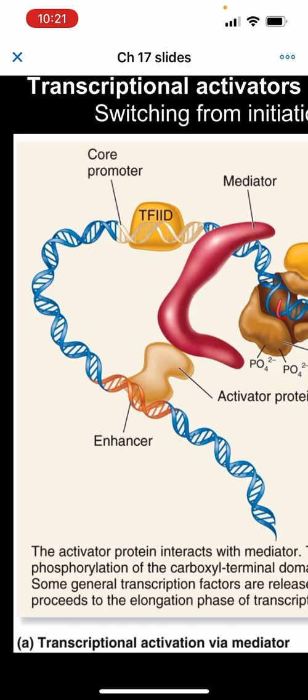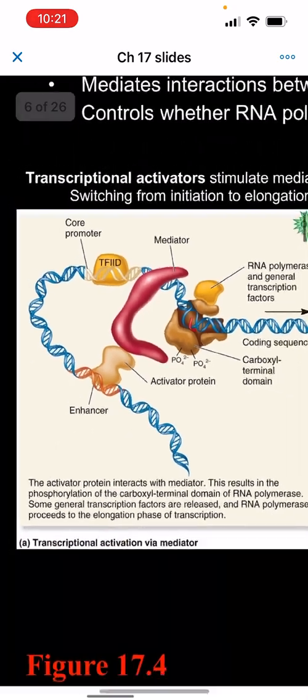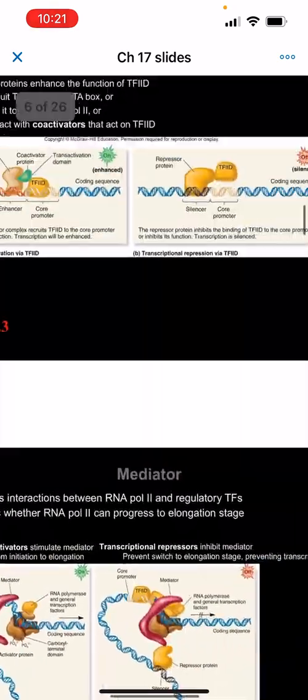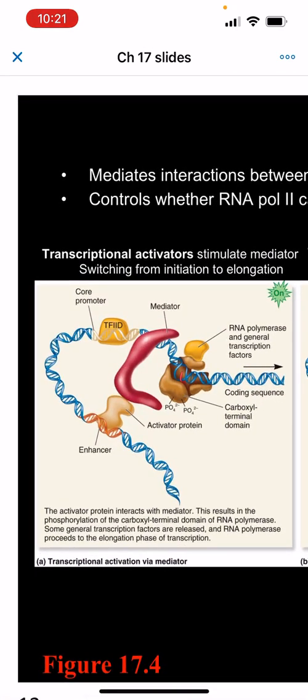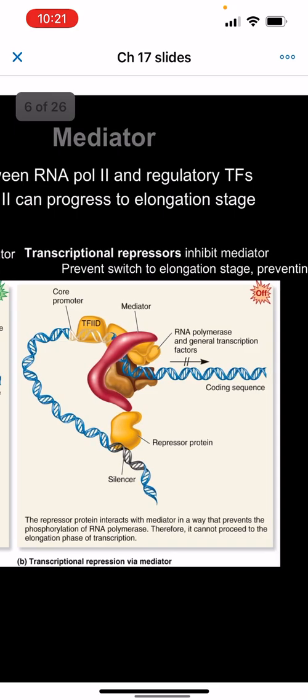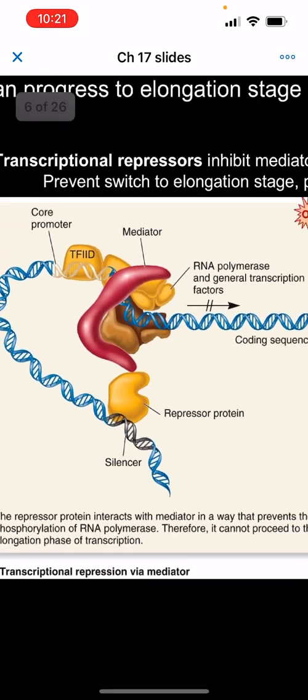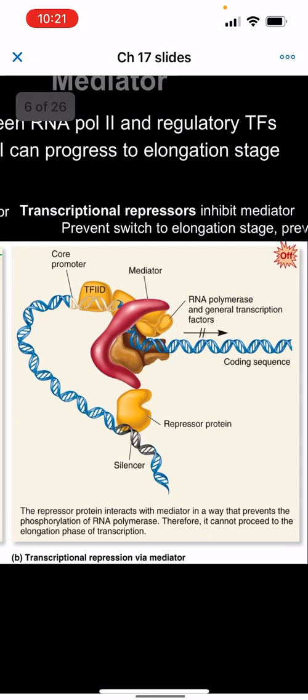And when it interacts with mediator, mediator is going to help RNA polymerase switch from initiation to elongation. So it's going to help turn transcription on. Over here, we've got a silencer bound to a repressor protein interacting with mediator. All right. This is actually repressing the switch to elongation.